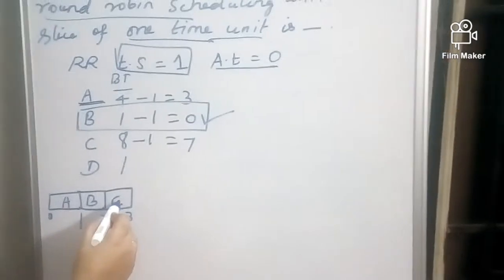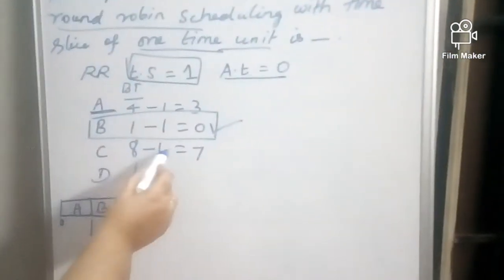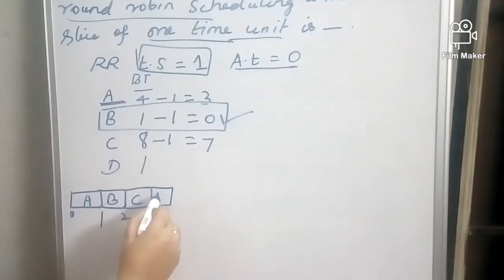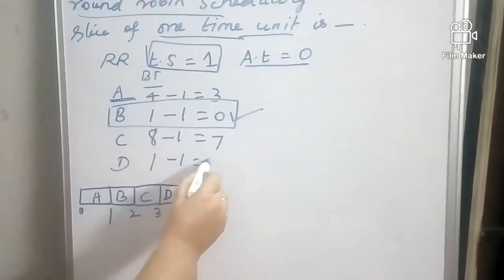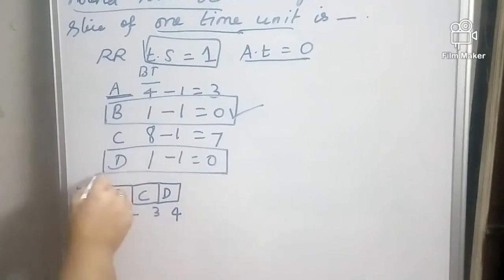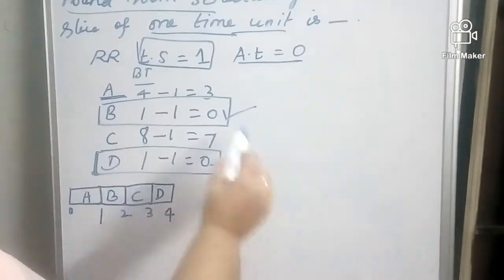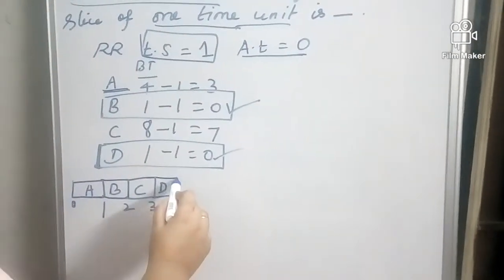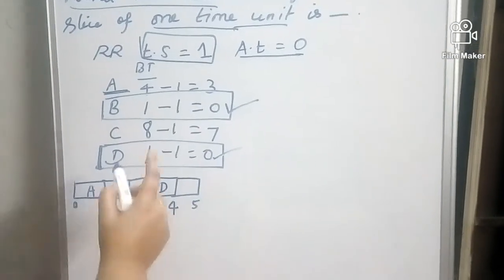After that, C is preempted. So 8 minus 1 is equal to 7, then D. 3 to 4, that is 1 minus 1 is equal to 0. So at the time of 4, D completes its task and is removed from the CPU. Then again process A. So 4 to 5 because of time slice 1.